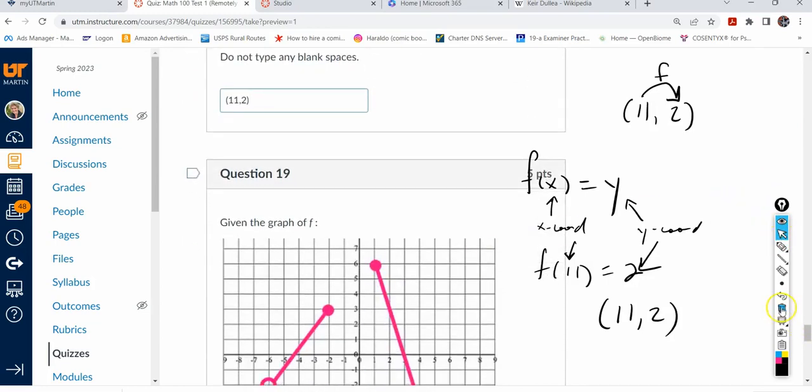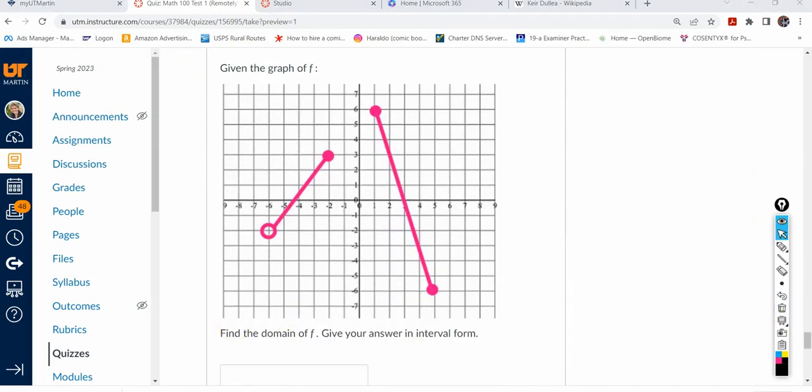All right, for the next question, they want to know the domain. If you have a graph and you're asked for domain, use the x-axis to measure how wide, going from left to right. So I start at -6, but I'm not including it because it's not included anywhere else.